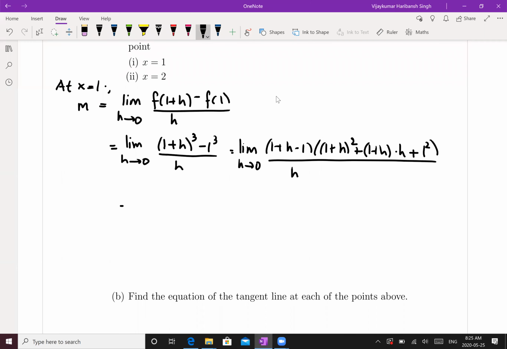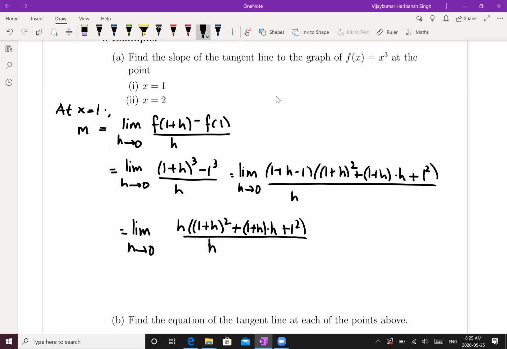This is going to be limit as h goes to 0. This 1 and this 1 will cancel, so you have h over 1 plus h square plus 1 plus h times h plus 1 square, the whole divided by h. Right?